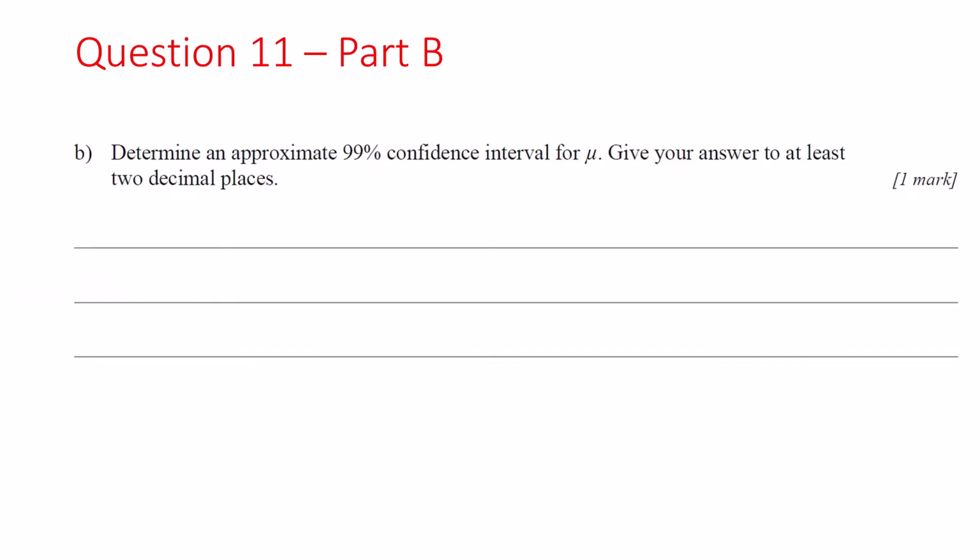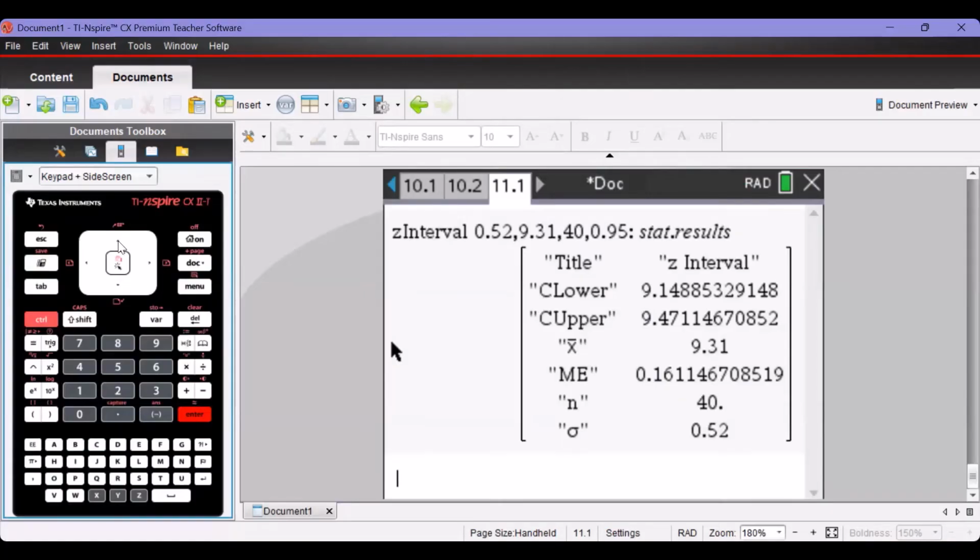To do part B, we're asked to determine an approximate 99% confidence interval for mu, and again to give our answer to at least 2 decimal places. So what we can do is arrow up to highlight the input, press enter to bring it down to a new entry line, change the confidence level from 0.95 to 0.99, and then press enter.